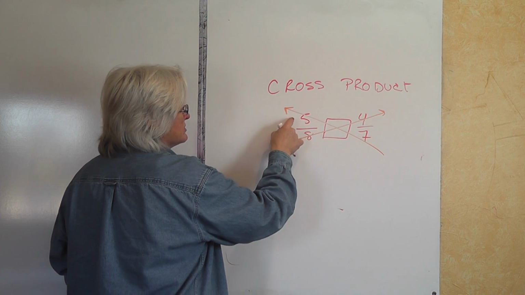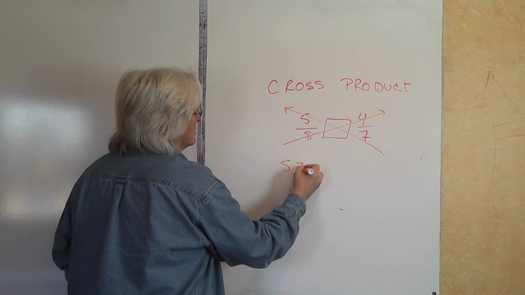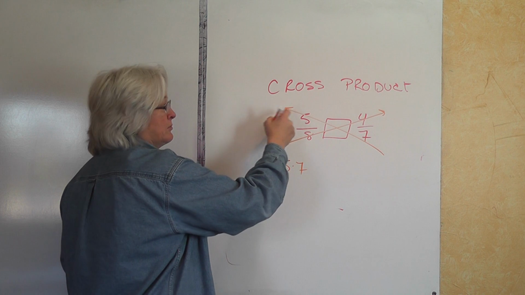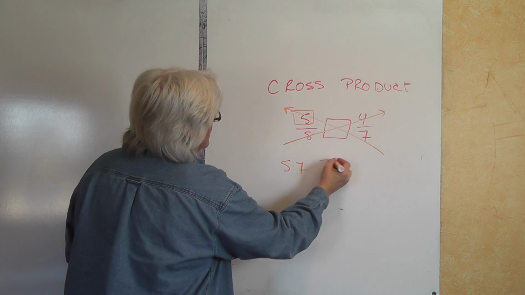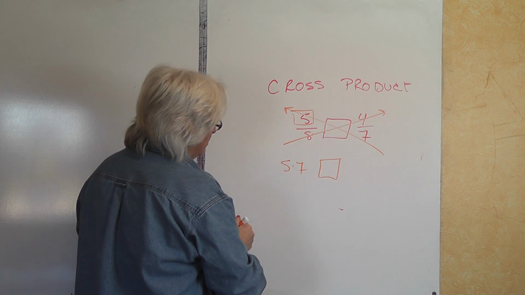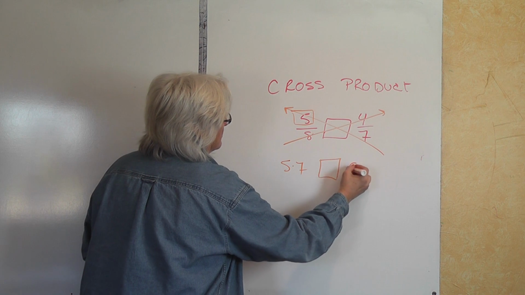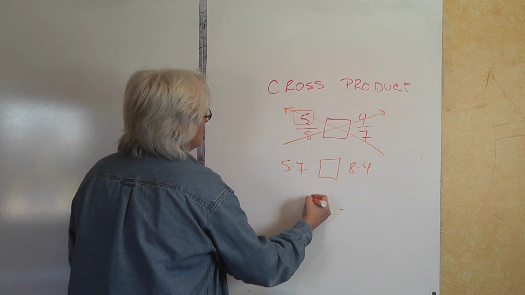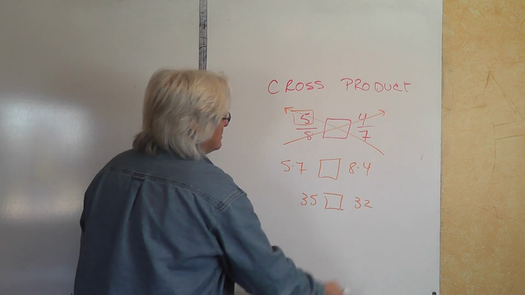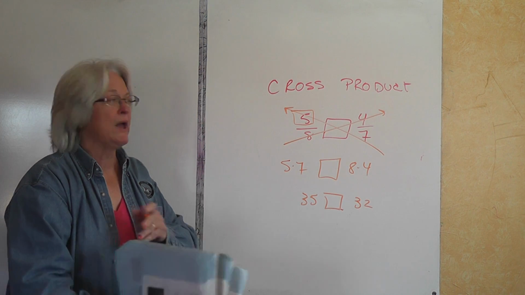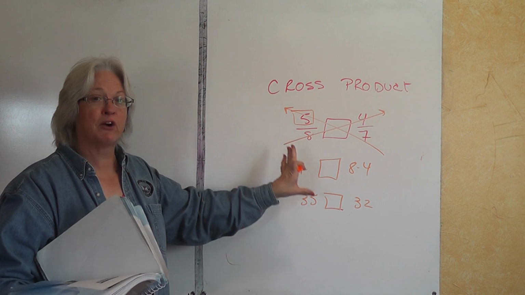5 times 7, we're going to put on our left-hand side the product that contains this numerator. Okay, let me circle that. We're going to compare that to the second product. 8 times 4, 35 and 32. So the way in which the cross products compare, that's the way the fractions compare.